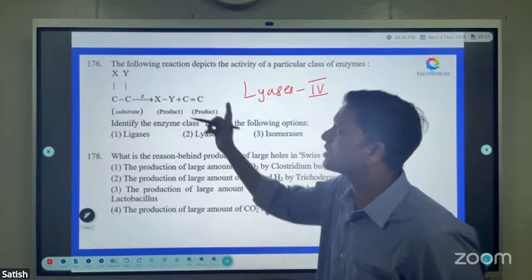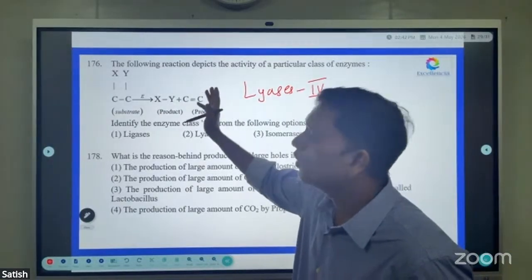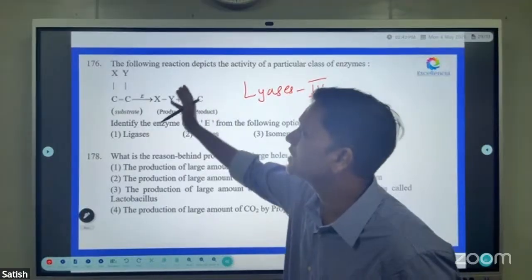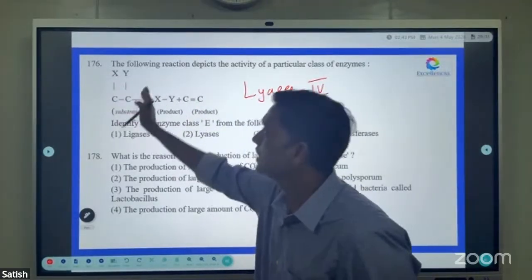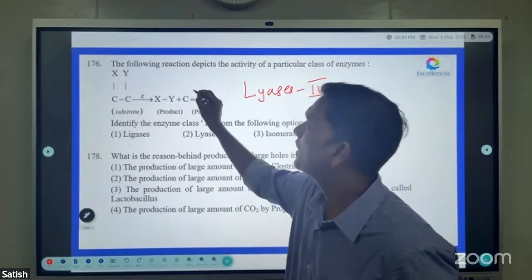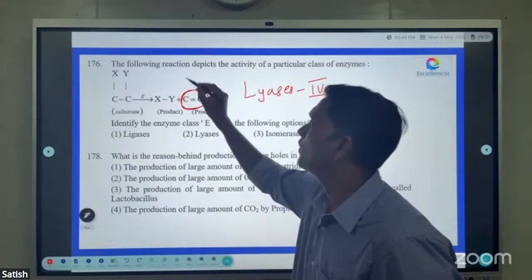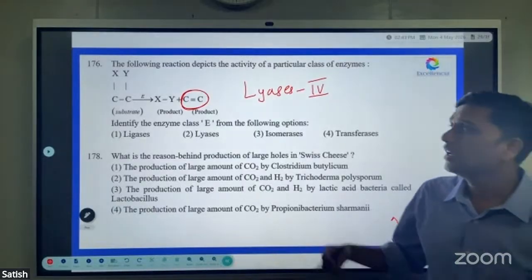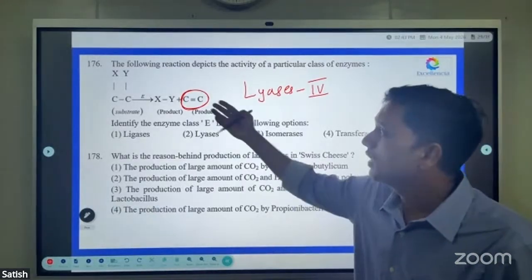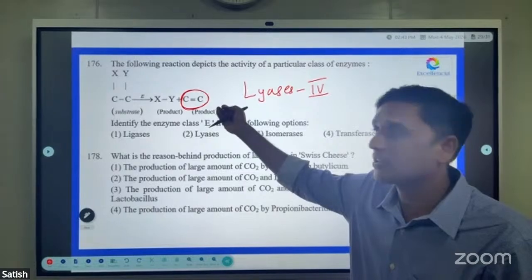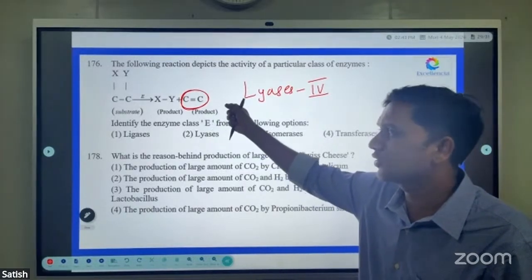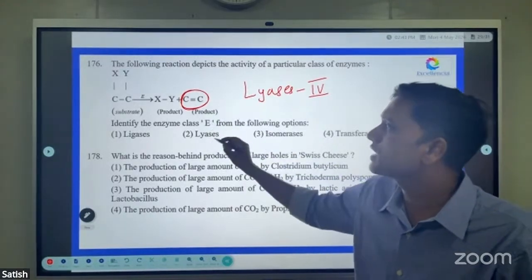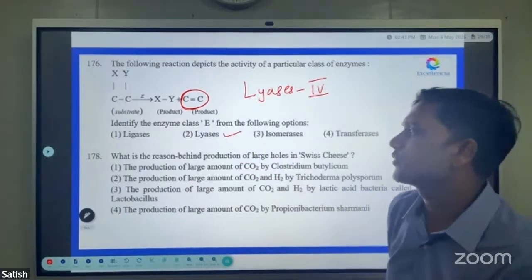So the main purpose of these enzymes is, without using water molecule, these enzymes break down these bonds, leaving double bonds here. They are mainly useful for the production of double bond or ring-like structures without using water molecule. So the answer for this enzyme is lyases, second option.